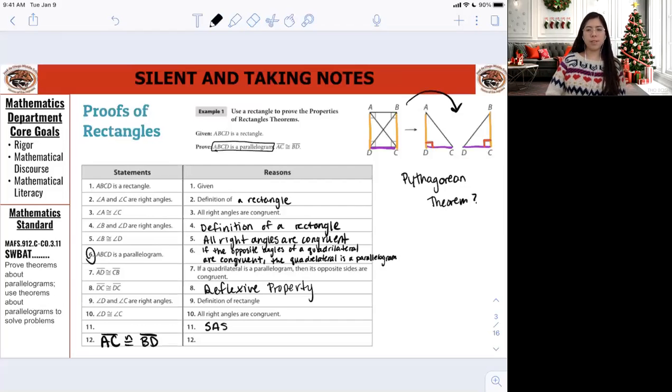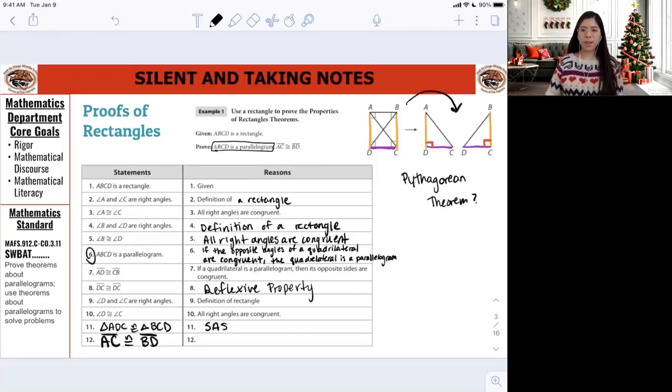So what is congruent to what? Oh, you're asking us for the triangles. Triangle ADC is congruent to triangle BCD. ADC is congruent to BCD.